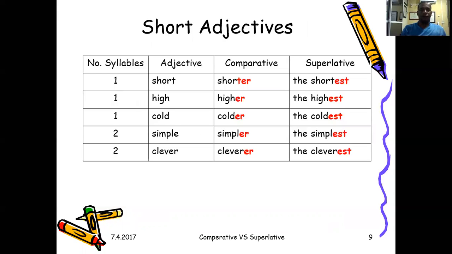Short adjectives, one syllable. Short, shorter is the comparative. Superlative, the shortest. High, higher, the highest. Cold, colder, the coldest. For two syllables, simple, simpler, the simplest. Clever, cleverer, the cleverest.